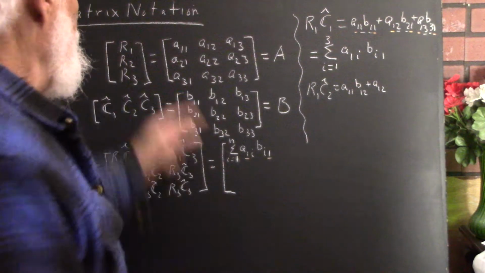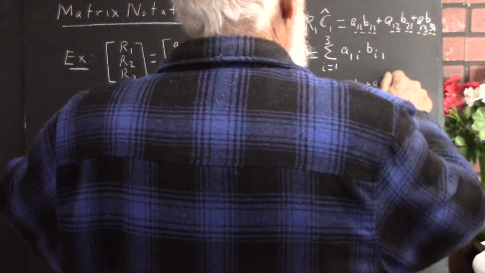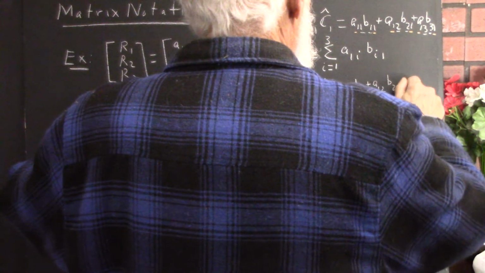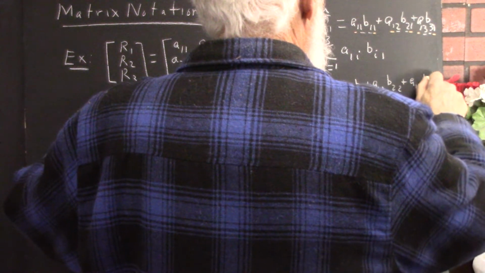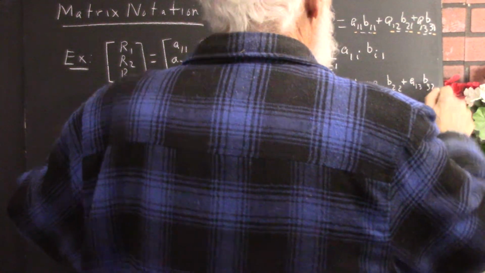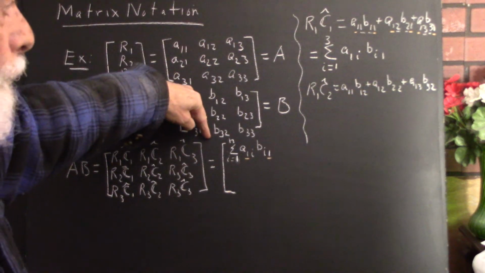And then it's A12 times B22. And then it's A13, which matches up with B32.